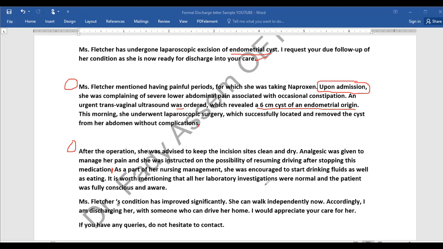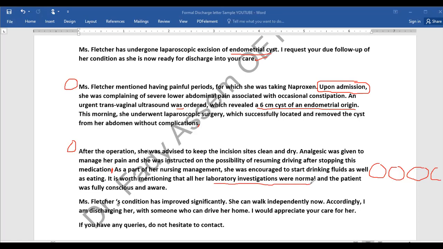Also, if you return to the case notes, you will find that the case notes are talking about details regarding the patient's lab investigation, her hemoglobin, her liver function, her kidney function, and her bleeding profile. I do not have to mention all of these medical and clinical details in the OET exam, so I can simply say that all her laboratory investigations were normal.